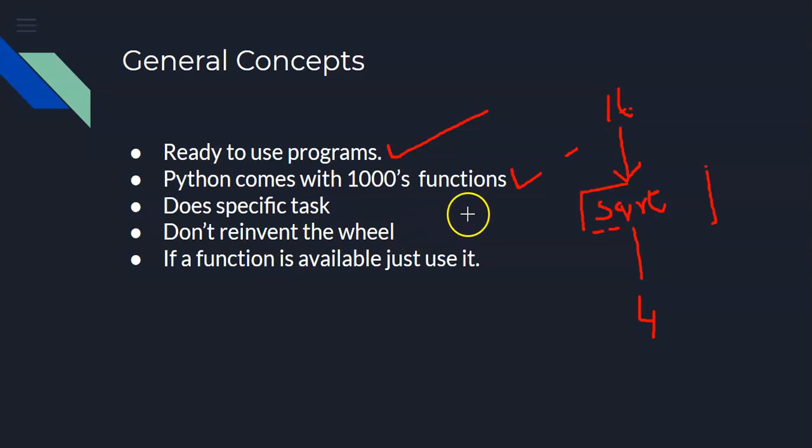Now these are something you have to remember. You don't have to reinvent the wheel. If you come across a function written by you or written by somebody else, and it's available, then just use it.